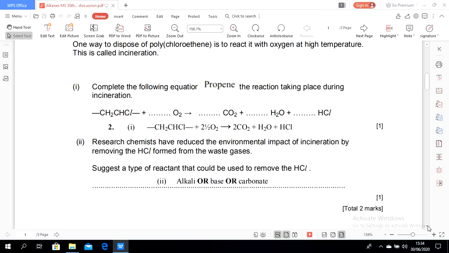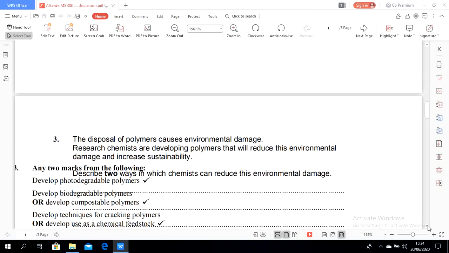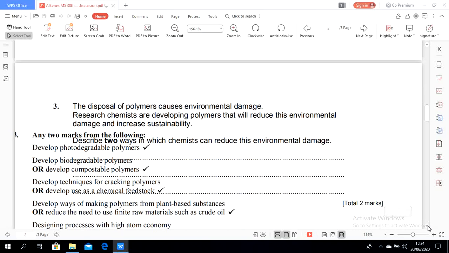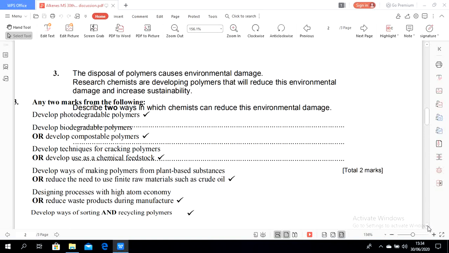Okay, next, number 3. The disposal of polymers causes environmental damage. Research chemists are developing polymers that will reduce the environmental damage and increase sustainability. Describe 2 ways in which chemists can reduce this environmental damage.